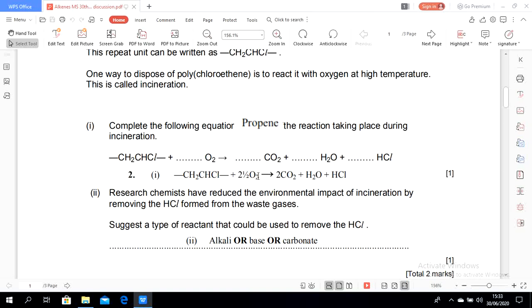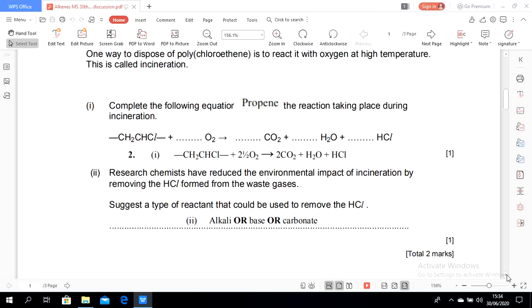Acid reacts with alkali to form salt and water. Also, acid reacts with base to form salt and water, but acid reacts with carbonate to form salt, water and carbon dioxide gas. I hope you still remember the difference between alkali and base.